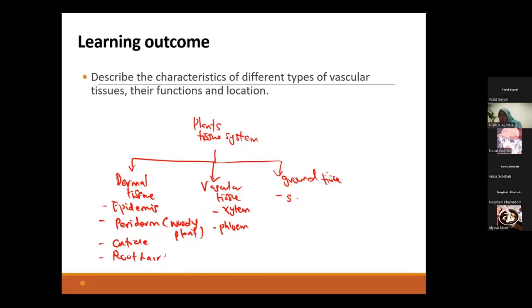So sclerenchyma, parenchyma, and also collenchyma. Okay, some of these tissue or cell can be found in pith, some can be found in cortex. So these are things yang kita akan tengok nanti, right? Okay.